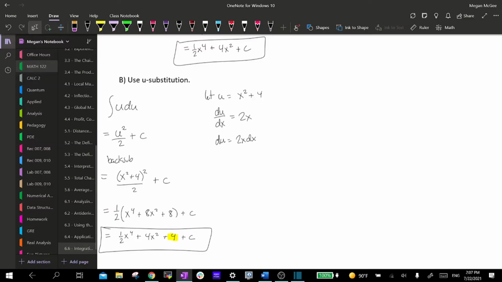So while they may look different, and they are by a constant factor of 4, they're still both correct. And if we were to find the actual value for c and do the math necessary for that, we would end up with 2 identical answers. All right, in any event, both ways are completely valid, and if you don't need to use substitution and you can go ahead and multiply it through, you're always more than welcome to do so.